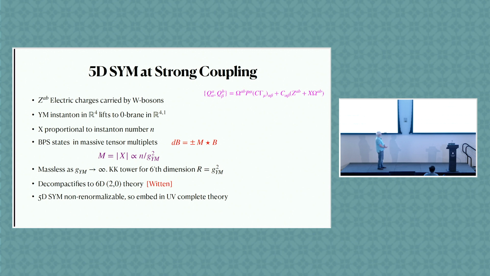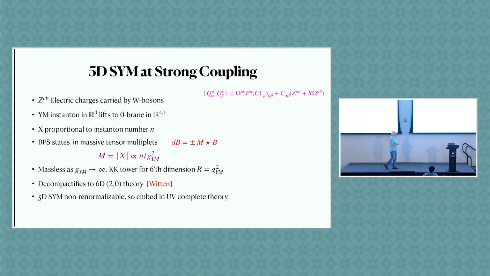This is a bit like what happens for the D0 branes in 10-dimensional type 2A string theory. They become massless at strong coupling, signaling the opening up of an extra dimension. So here we have a spectrum of particles which coincides with that of a Kaluza-Klein tower for a 6th dimension of radius given by the Yang-Mills coupling. So at strong coupling, you have a decompactification to a 6-dimensional theory.